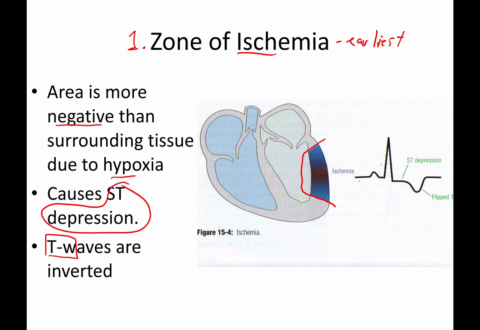So if you look at the way the EKG looks over here, and I'm going to draw our isoelectric line right here, where our isoelectric line should be, you have definite ST depression as well as your flipped T wave that has now gone below. So if you see something like that, again in 2 contiguous leads, that's a sign that there is ischemia going on in that section of the heart.